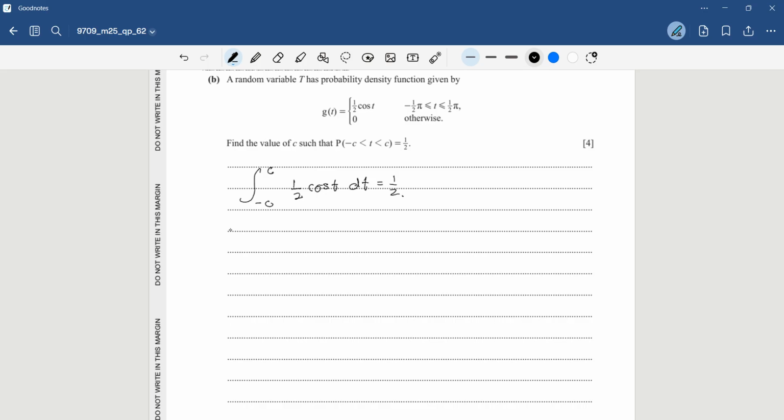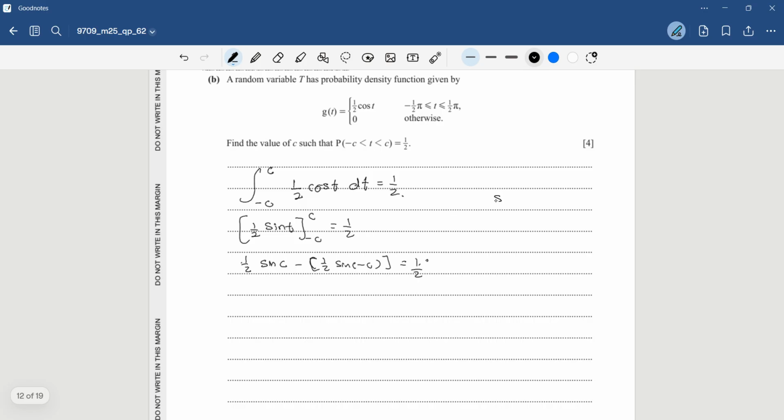When we integrate, cos will get sine, so it will be 1 over 2 sine t from negative c to c equal to 1 over 2. So sub in: 1 over 2 sine c minus 1 over 2 sine negative c equal to 1 over 2.